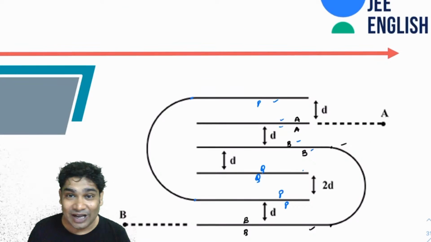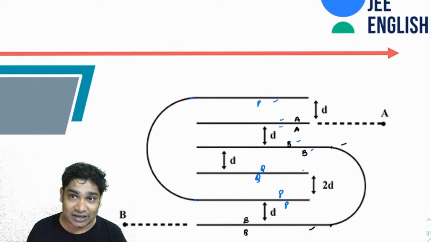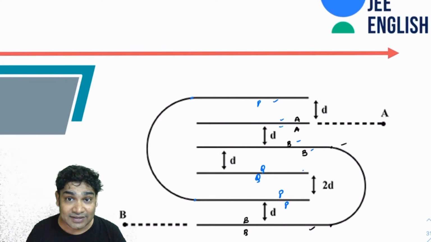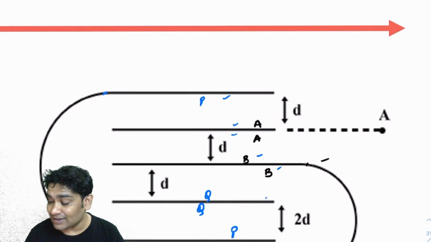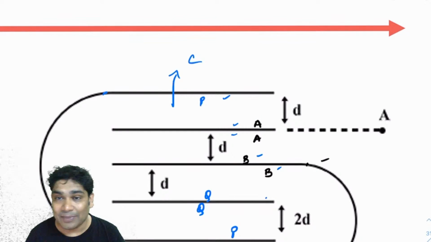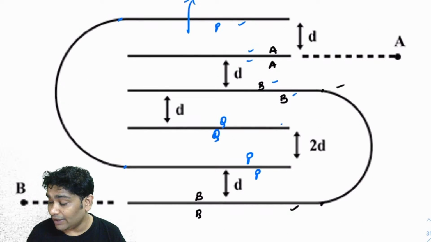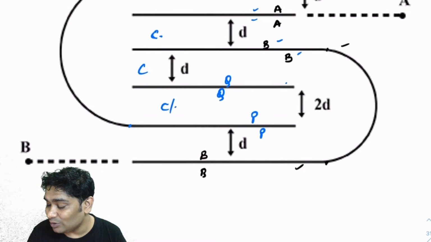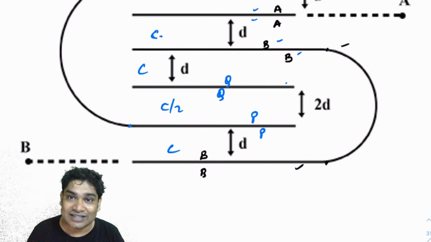So now let's try and draw a simple circuit. How many capacitors do I see? I can see one here. Let's call this capacitance C. Then this is also C, this is 2, this is also C, this is 3, this is C by 2, this is 4, and this is also C, this is 5.